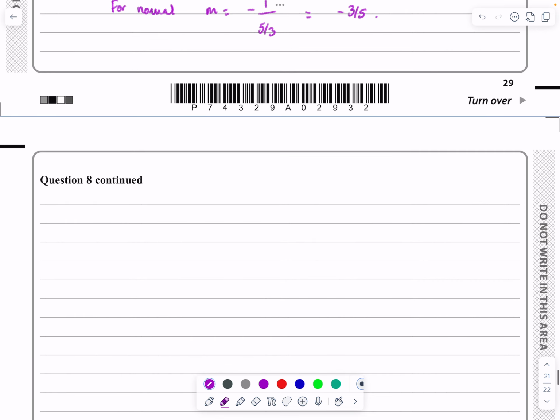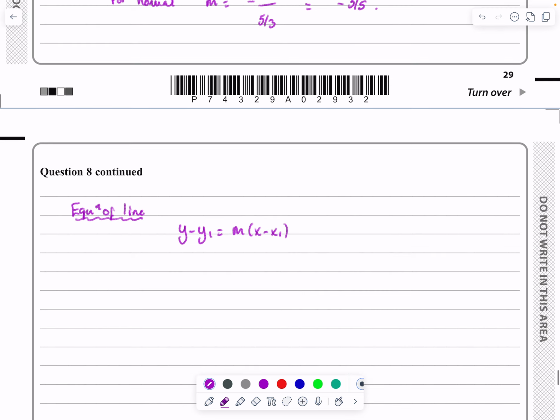So if I now want to work out the equation of the line, the whole point about doing all the work we've done was to get to this stage. y minus y1 is equal to m(x minus x1). That's how we find any straight line.